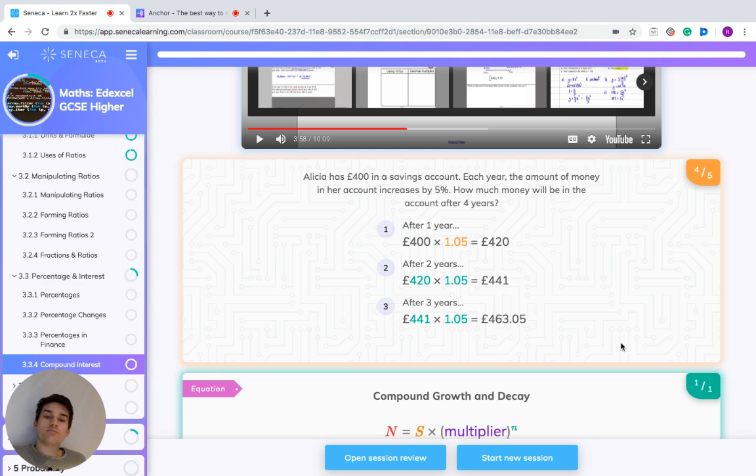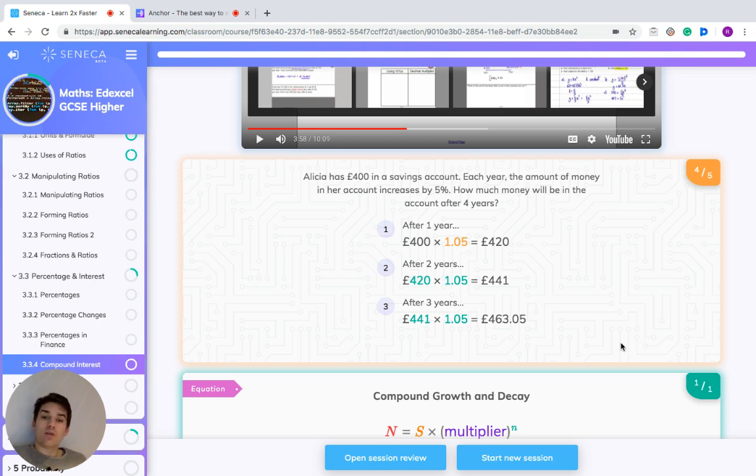After year 2, we take that £420, what she had at the beginning of year 2, times it by 1.05 again, 441. After year 3, 441 times by 1.05 again. That would give us £463 and 5p. So lucky Alicia's just gained £63 and 5p just by putting her money in a bank account.